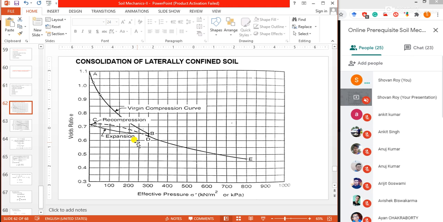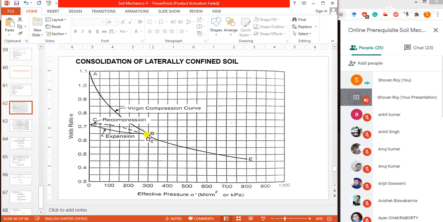This curve is showing the void ratio versus effective pressure, and the pressure is incremental. At point B, if the pressure is completely removed, the soil sample expands as represented by expansion curve BC.